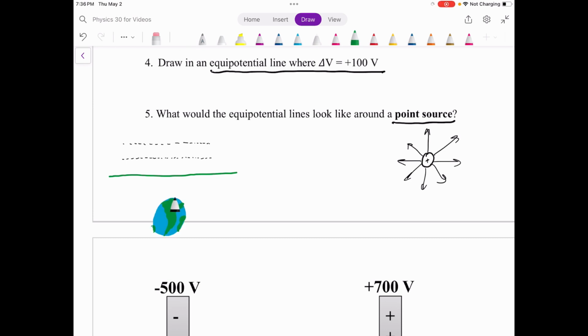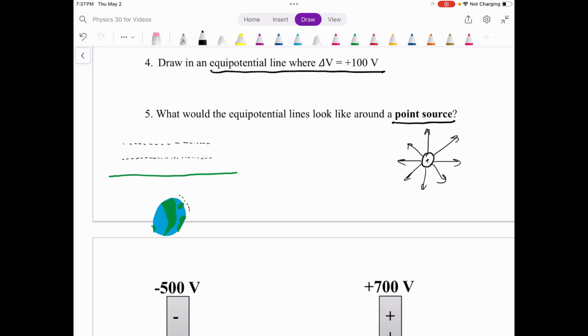Well, if you're this high above the surface of the Earth, like at the North Pole, you'll have the same amount of gravitational potential energy as if you're that high above the surface of the Earth in Europe, or in Africa, or in South Africa, or at the South Pole, or in Australia, right? As you go all the way around, anytime you're an equal amount of height above the surface of the Earth, you're going to have an equal amount of gravitational potential energy.